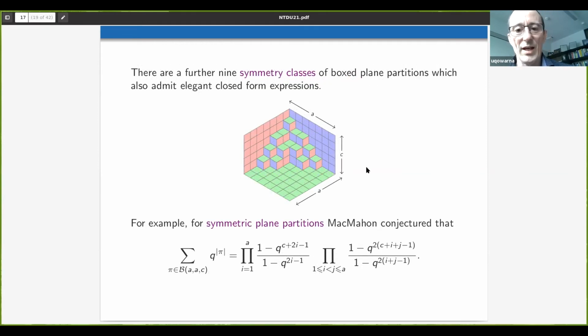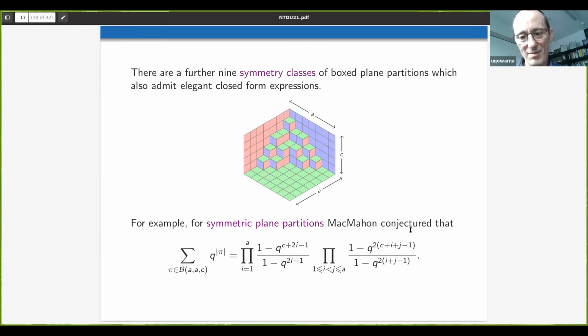There's also a number of symmetry classes of plane partitions. So here's, for example, one known as symmetric plane partitions. If you reflect this picture in the main diagonal, what you see on the right is the same as what you see on the left. And again, it's a beautiful formula, again due to MacMahon, but he couldn't prove this formula.